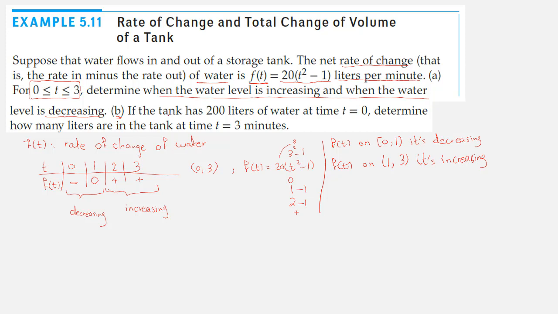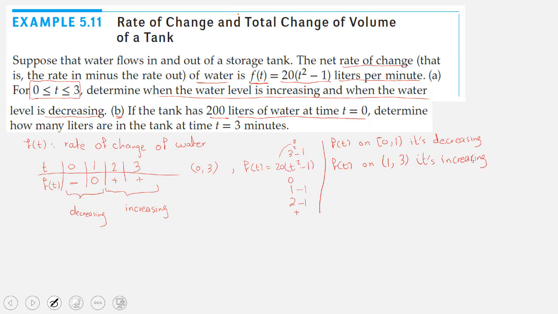B, if the tank has 20 liters of water at time t equals 0. So we will write that W of t is the liters of water at time t.